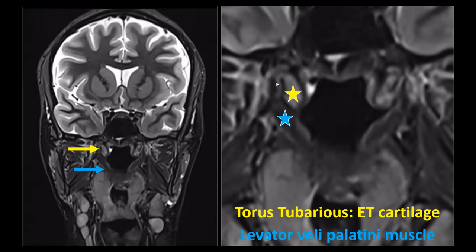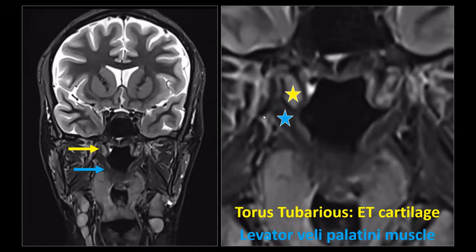We also have another muscle, this very fine line. Oops, I forgot to mark it. We also have this very fine line located laterally of the Levator veli palatini and the cartilaginous part of the Eustachian tube, and this is the Tensor veli palatini muscle.